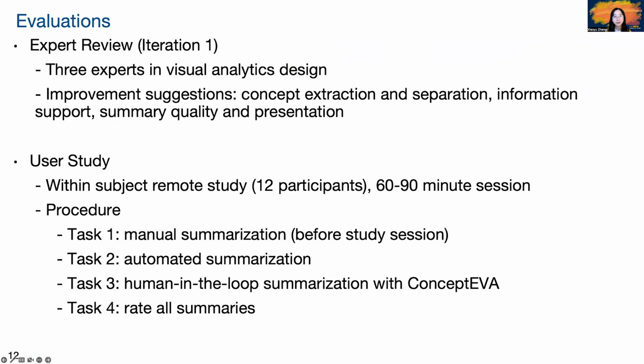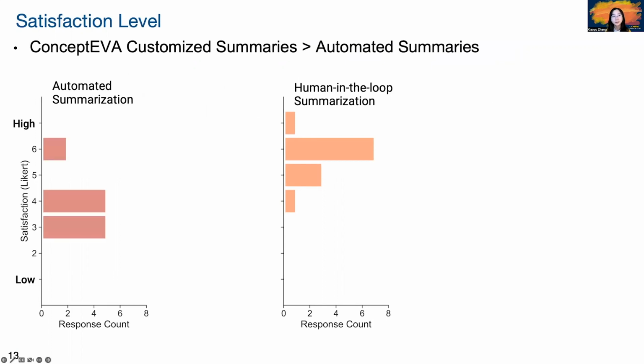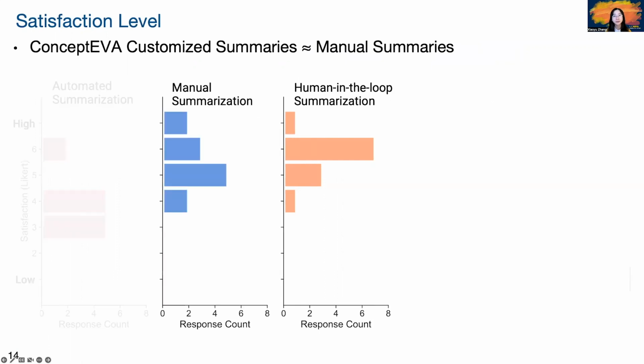From the study, we found that the participants' satisfaction level with our human-in-the-loop summarization is much higher than the pure automated summarization from the AI model. At the same time, we found that the human-in-the-loop summarization generated with ConceptEVA can reach a comparable user satisfaction level compared to their manually generated summary.